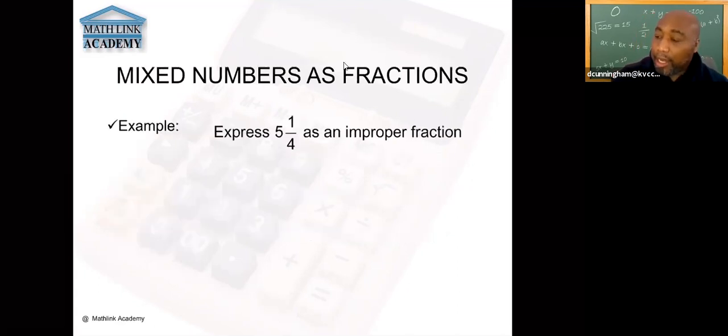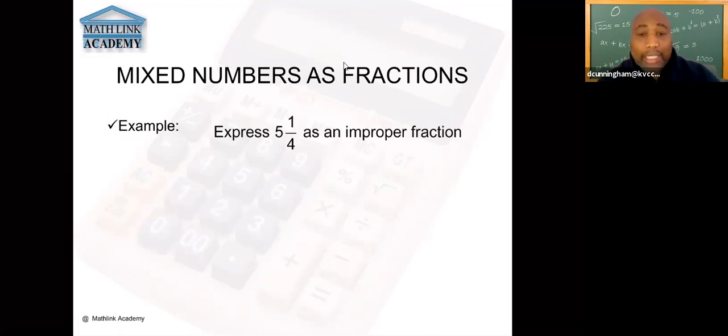So I want to show you this, guys. Let's look at this example. Here's an example we have here. We have 5 and 1/4. Now that number is a mixed number. We want to make this into an improper fraction.